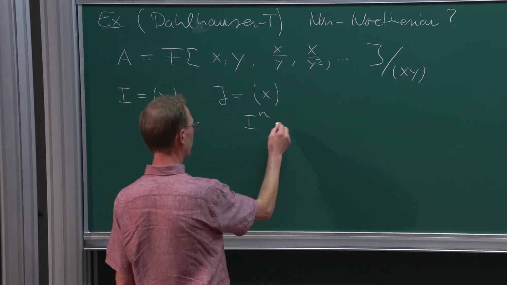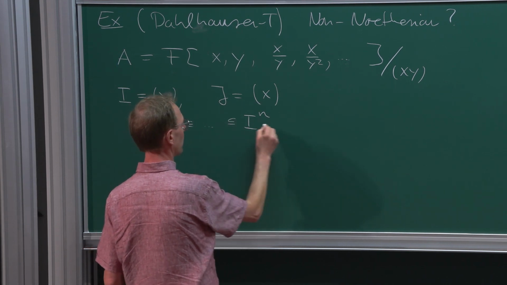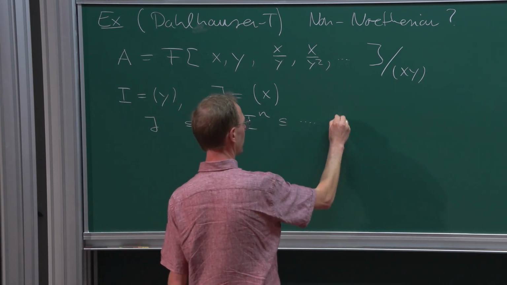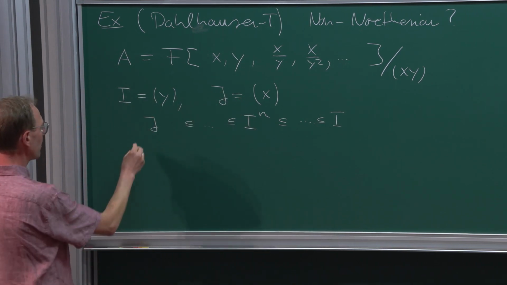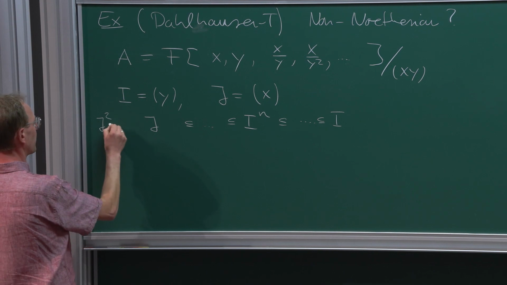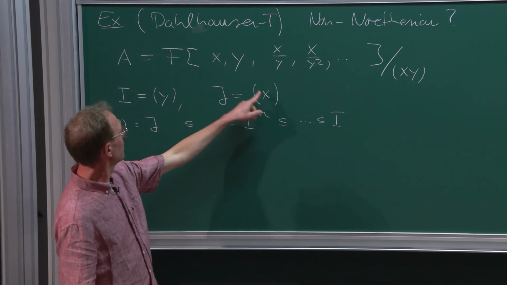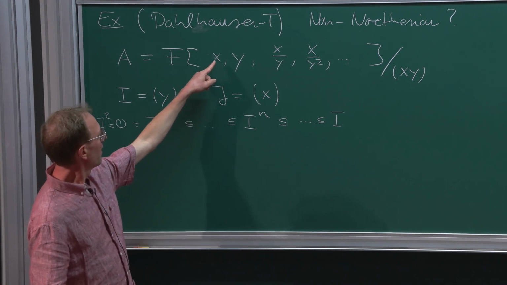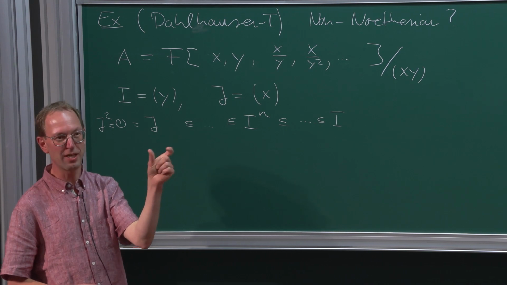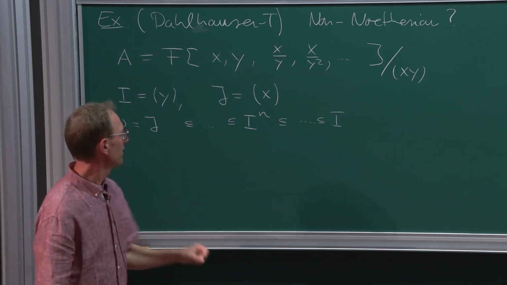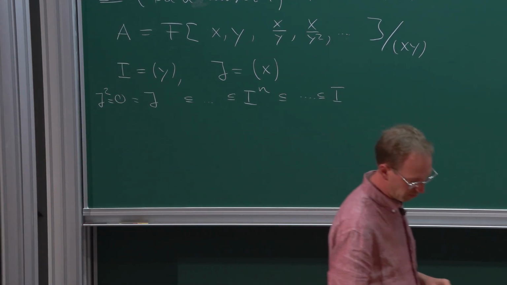So we have this containment, and J is contained in I. And also we have that J squared is equal to 0, because if you square x, then you can divide once by y. So you can write this as xy times x divided by y. So this is 0. And now I claim that the following is an abstract blow-up square.